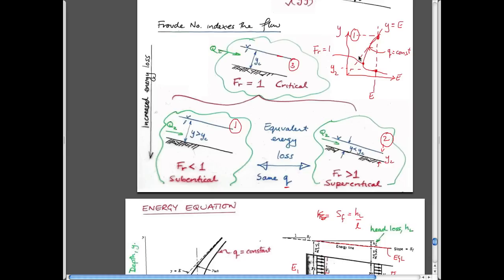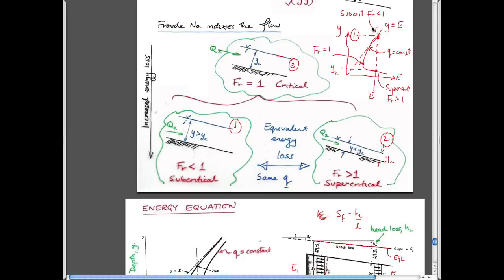By definition, we said that flows that are very fast are called supercritical. Then this would be supercritical, and the Froude number would be greater than 1. And this one would be subcritical, and the Froude number would be less than 1.